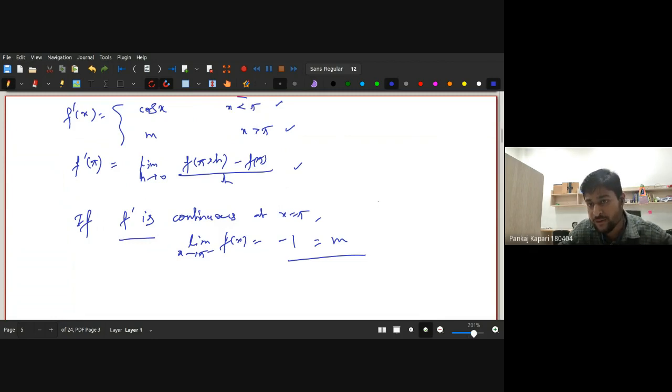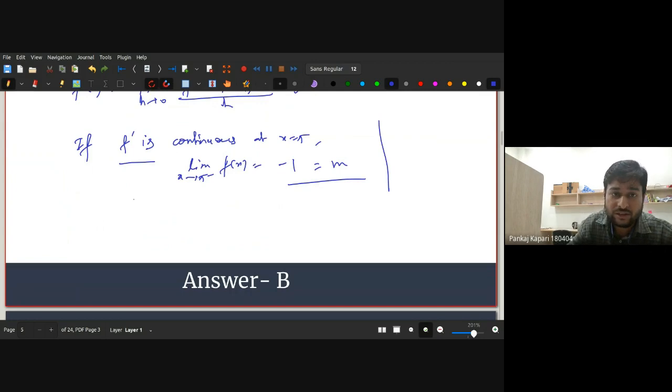We know that even if a function is differentiable at a point, that doesn't mean the derivative is continuous, right? So we cannot say that the derivative is continuous at pi, because we have functions like x times sine of 1 by x when x is non-zero, and 0 if x is 0.